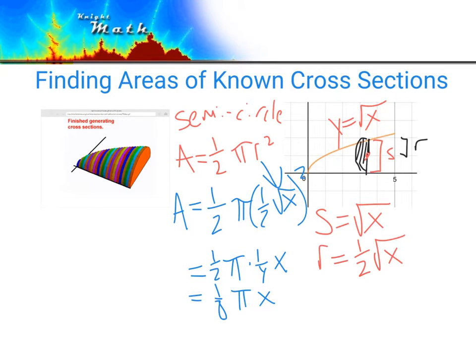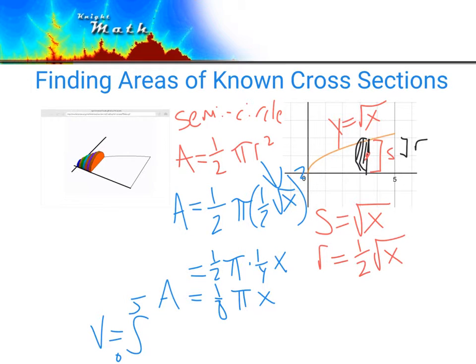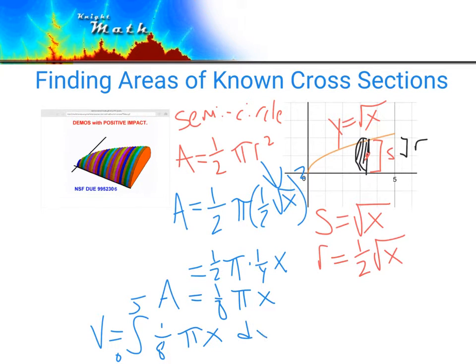Well, that's one slice. We want all of these slices, but because this is in terms of x, we can add all these up using integration. We're just going to integrate from 0 to 5. I chose 5. There's no marks on the graphic, but let's go to 5. From 0 to 5 of 1/8 pi x dx.